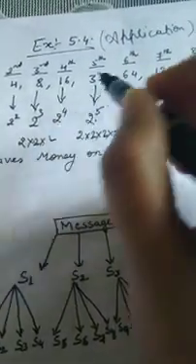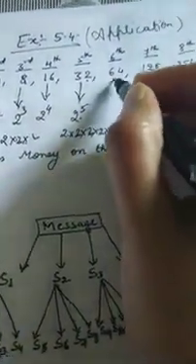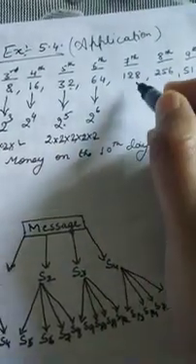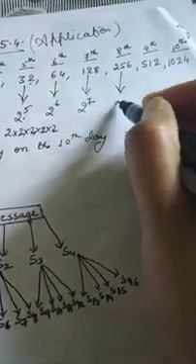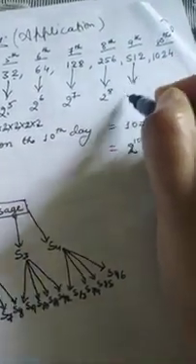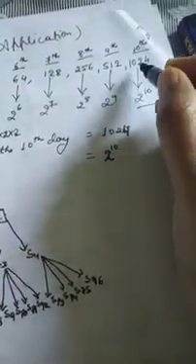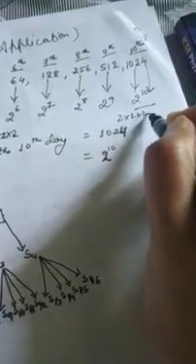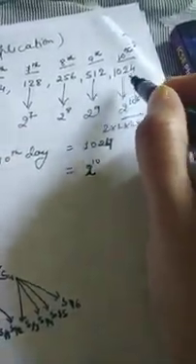Means all the numbers I am writing in the powers of 2 in exponential form. 64 is 2 to the power 6, 128 is 2 to the power 7, this is 2 to the power 8, this is 2 to the power 9, and this is 2 to the power 10. We can write 1024. If you multiply 2 ten times, you will see it equals 1024.